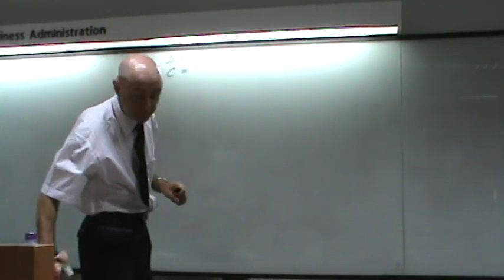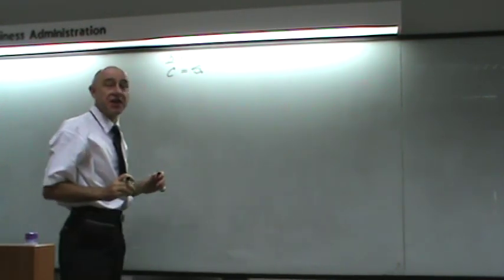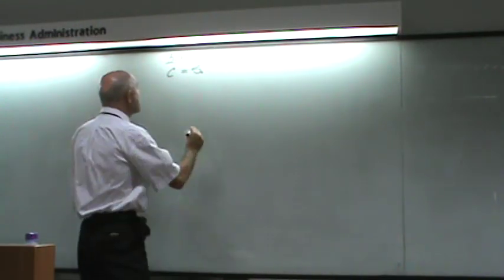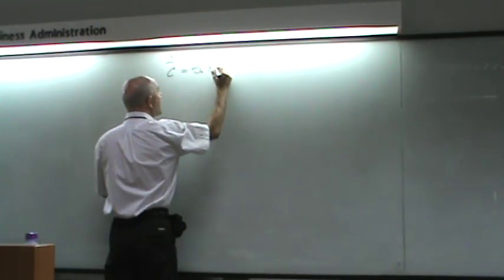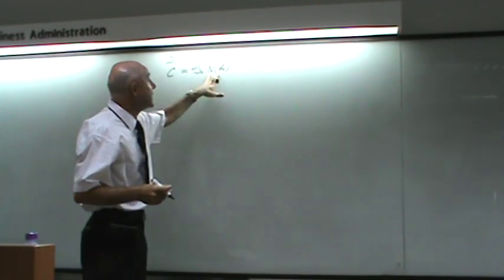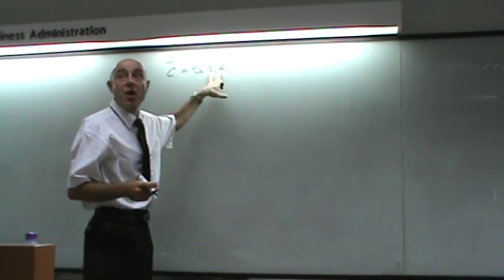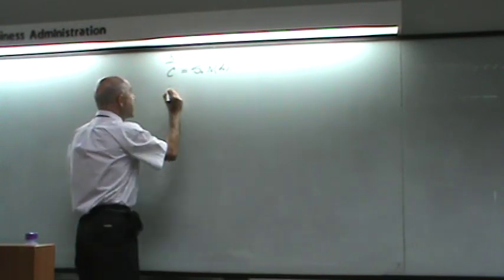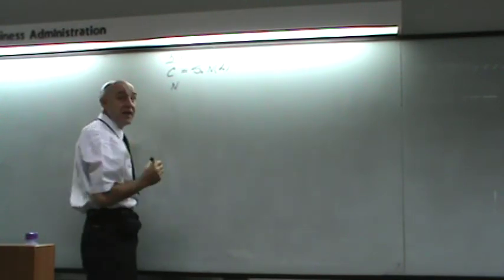So the call is simply equal to S0, the current price, multiplied by the probability. I will explain that in a minute.